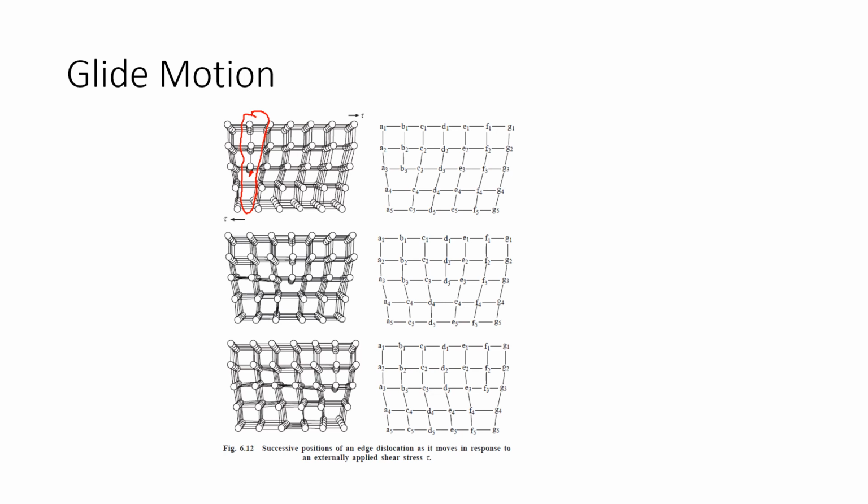By applying a tension in this direction, you can make this dislocation line move, now it's here, and at the next stage it reaches here. So the dislocation moves along the plane. Such a motion of a dislocation on a plane that contains the vector t and the Burgers vector b is called glide motion.